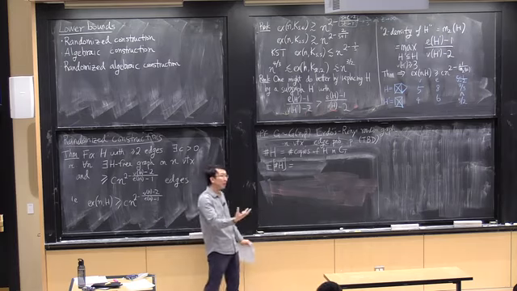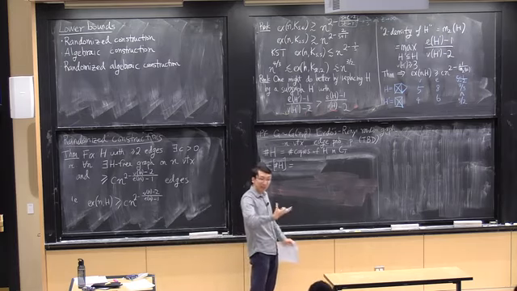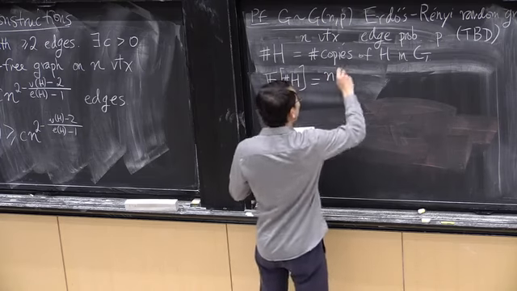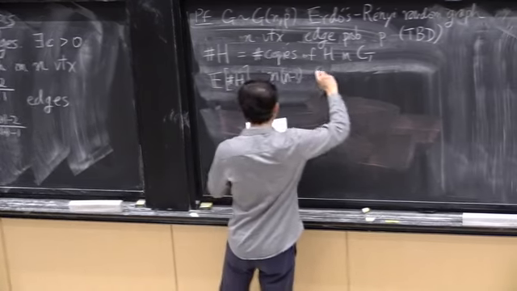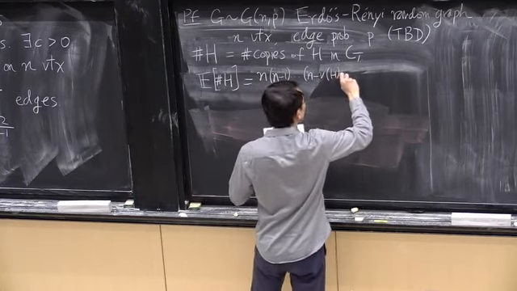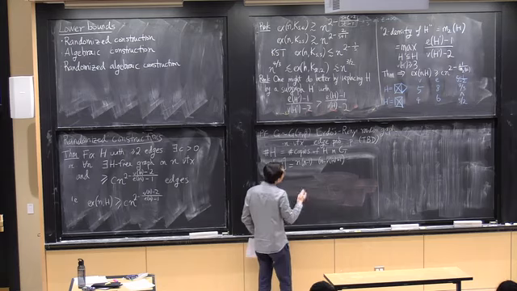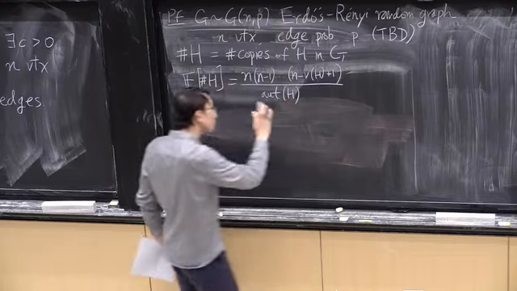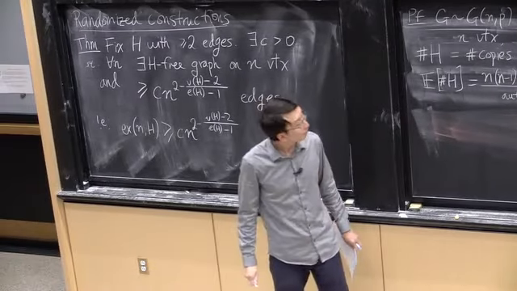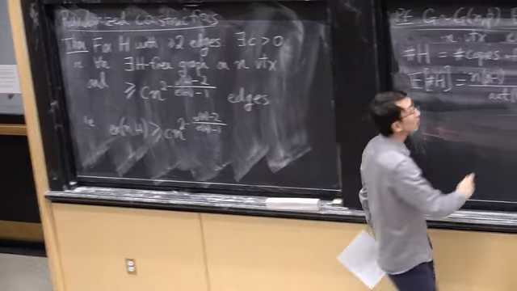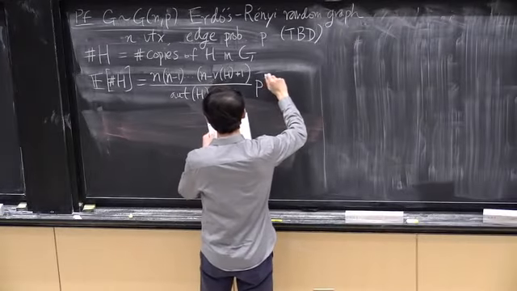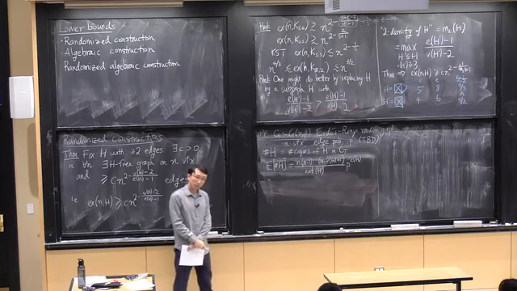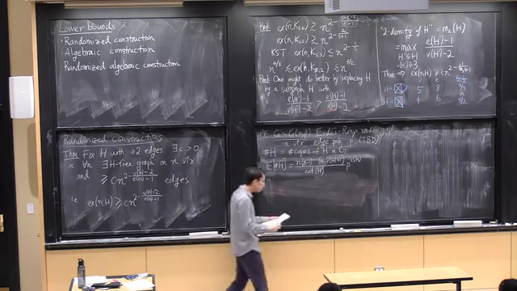For every possible placement, look at the probability that that placement generates an H. Namely, look at all different possibilities for choosing the possible vertices of H. I need to divide by a factor that accounts for the number of automorphisms of H, but it's just a constant factor, don't worry about it. And for each of these possible placements, H appears with probability exactly p to the number of edges of H. Okay, just by linearity of expectation.